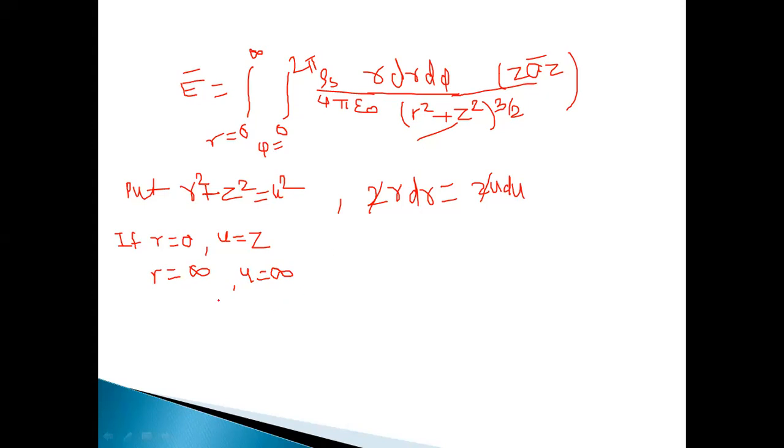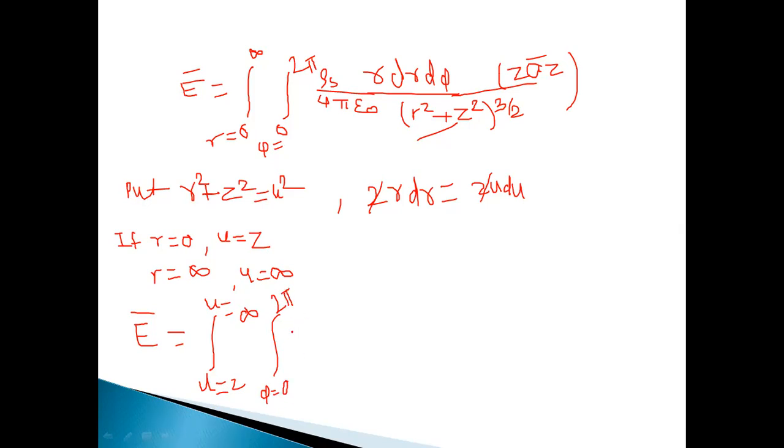Now we can put these limits here. So the equation for E bar is the integration where r is changed: when r is equal to 0, u is equal to z, so the limit changes from u equal to z to u equal to infinity. Then phi already has its limit, so phi is equal to 0 to 2 pi.